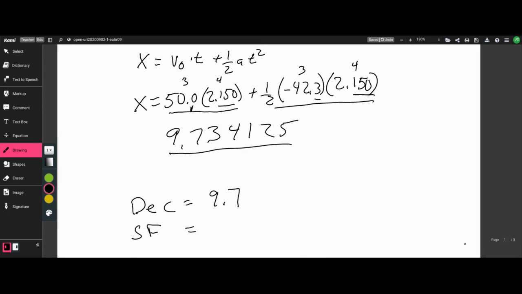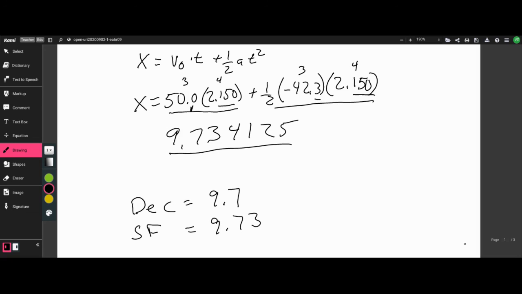That's the case with the 50.0 and the 50.0 as well, with the 3 sig figs. Those two trailing zeros are also significant. And so in terms of significant figures, we are going to go with the 3 sig fig option. 3 is less than 4.